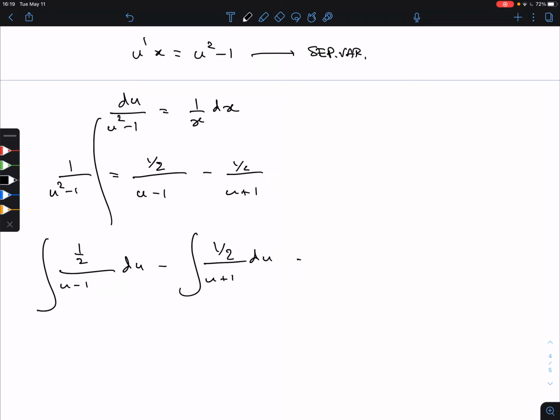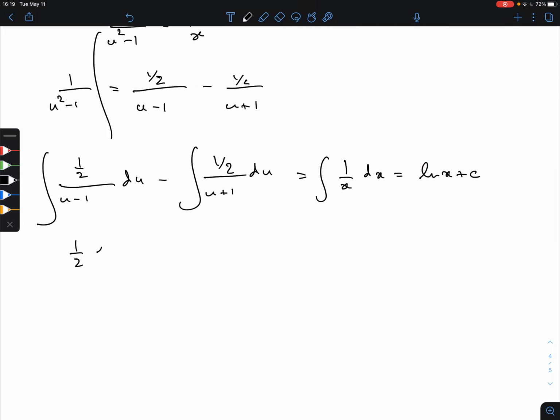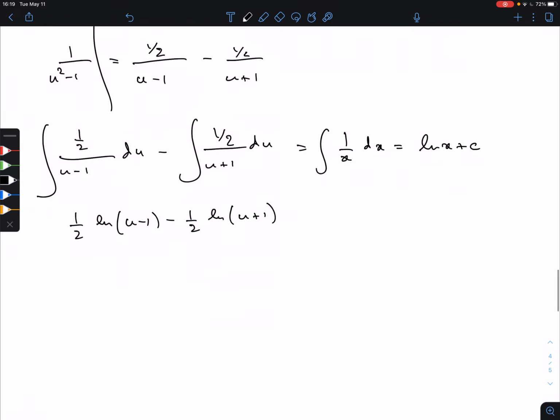1 du, and the integral on the right hand side, let me just write it up, that of course is just ln x plus c, and here we get a half ln |u minus 1| minus a half ln |u plus 1|, okay, that is equal to a half ln of (u minus 1) over (u plus 1).